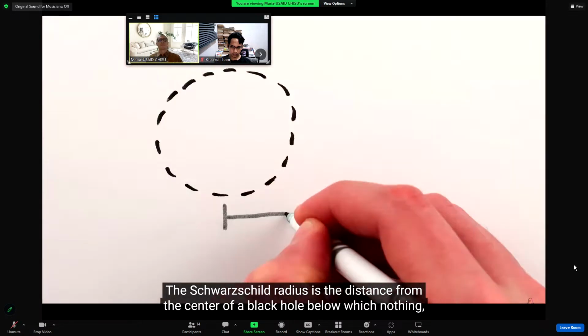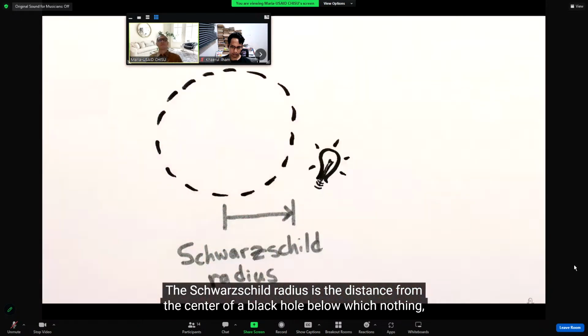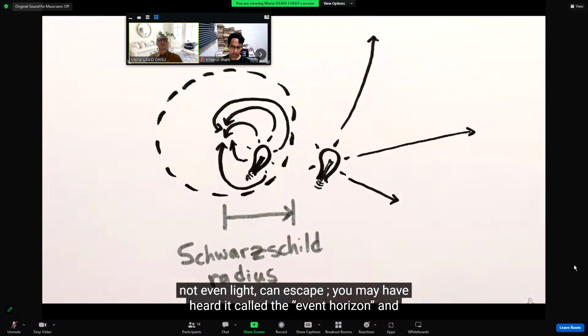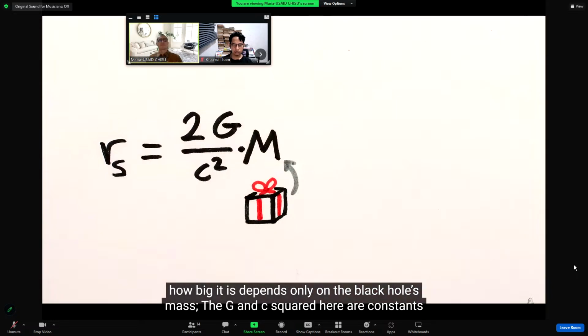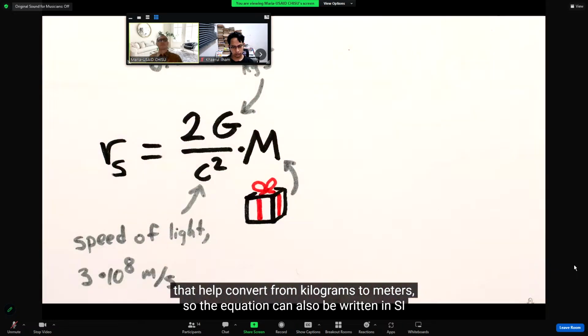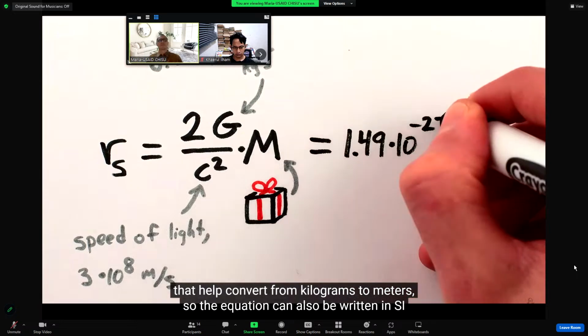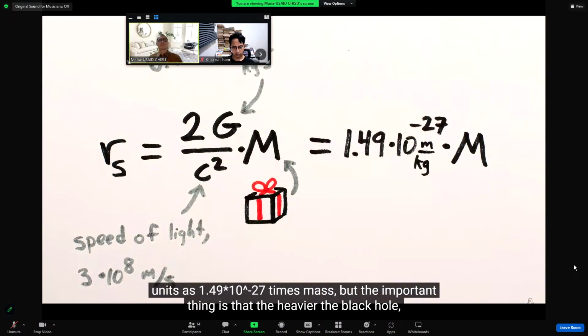The Schwarzschild radius is the distance from the center, horizon, and how big it is. So the equation can also be written as 1.49.